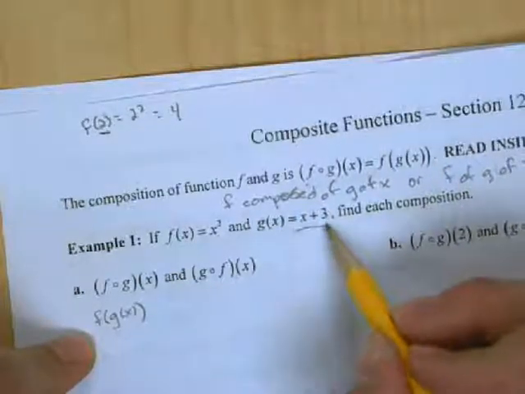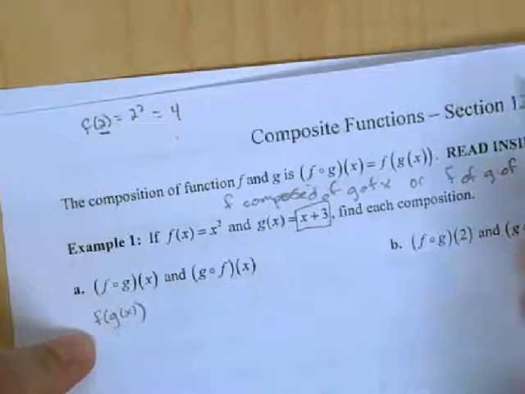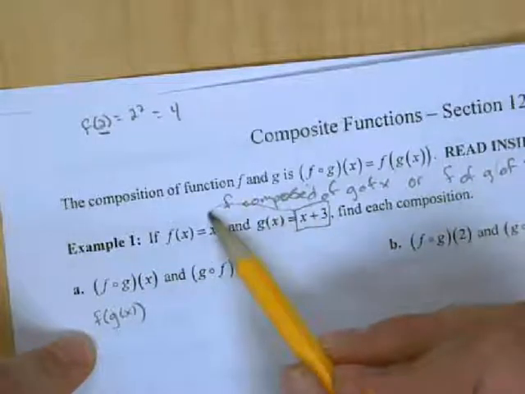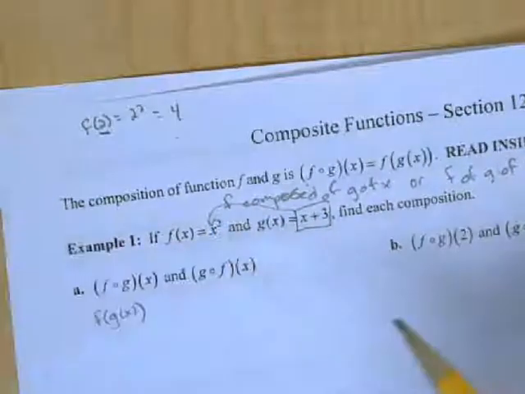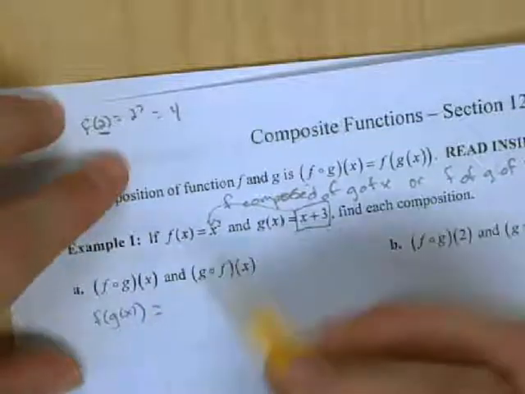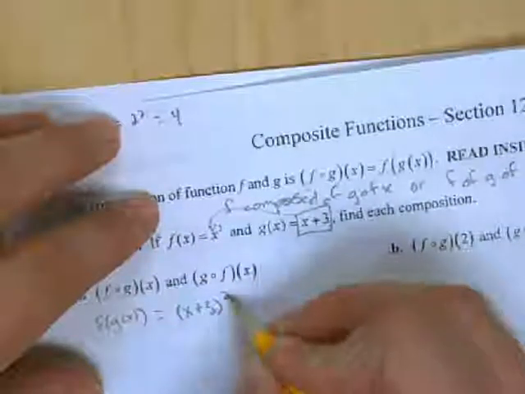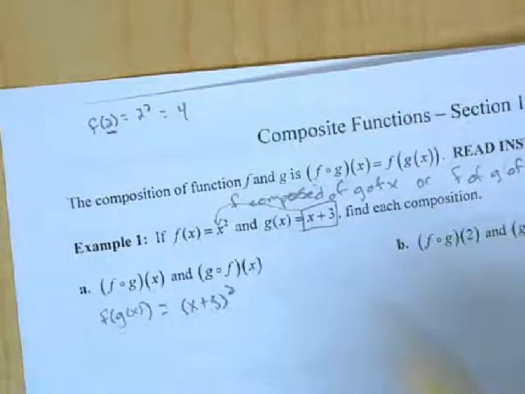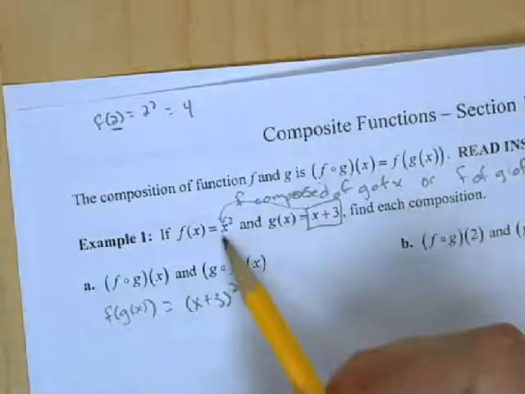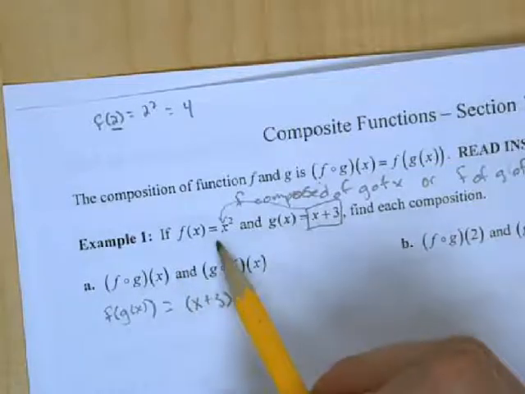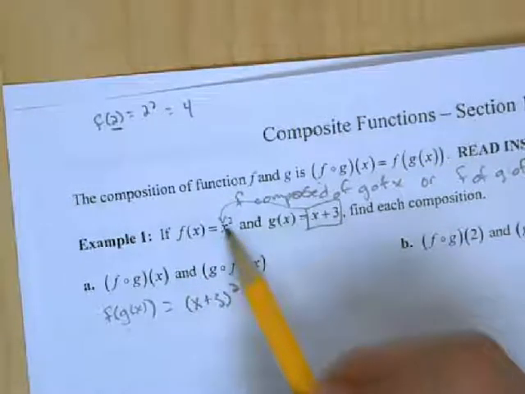It's X plus 3. So we're going to take X plus 3, and we are going to substitute that in for X. So instead of X squared, I get X plus 3 squared. So we take this X out, we put X plus 3 in its place. Just like if I wanted to do F of 2, I would take the X out, I'd put a 2 in its place. 2 squared is 4.